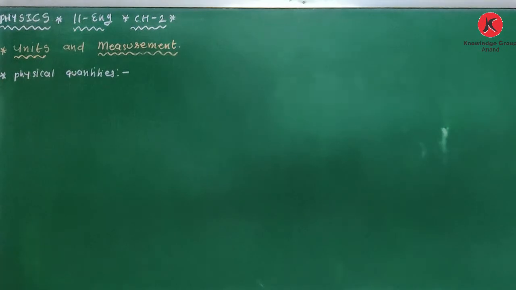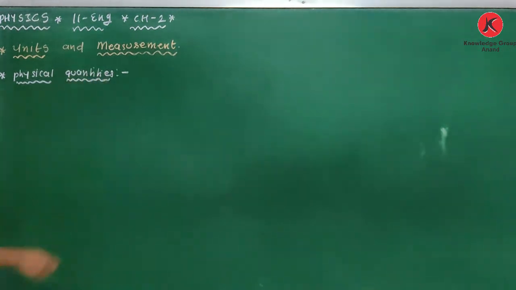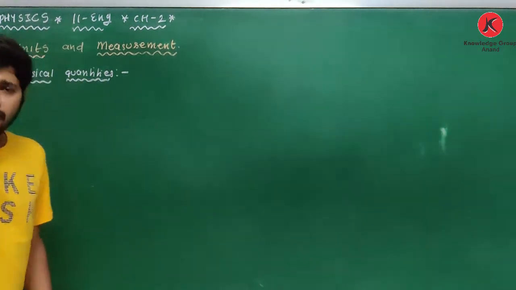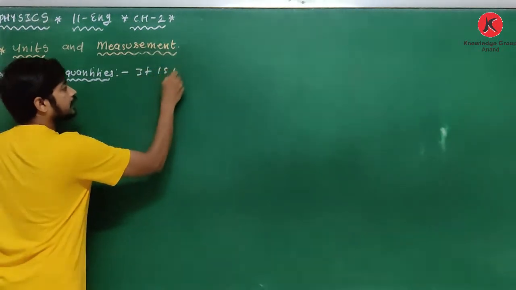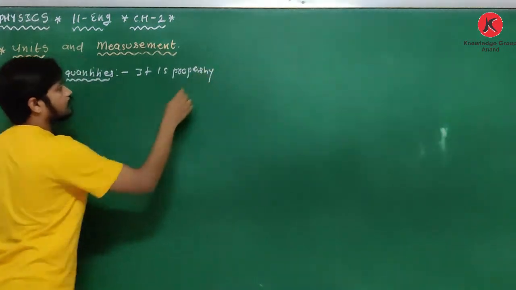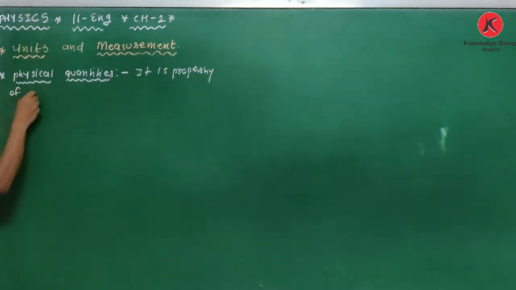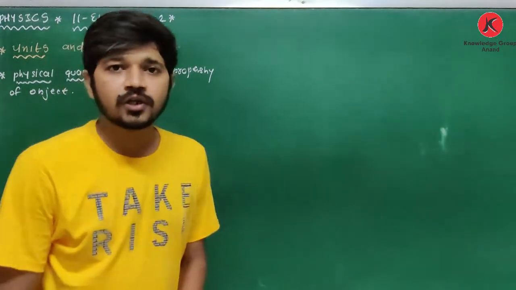So in physics we have to deal with numbers of physical quantities. Physical quantity means it is a property of an object. So in physics there are numbers of physical quantities.